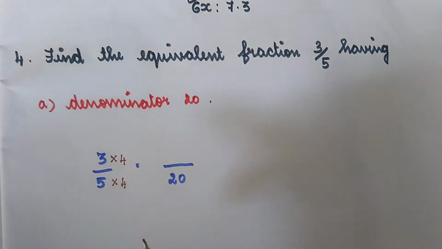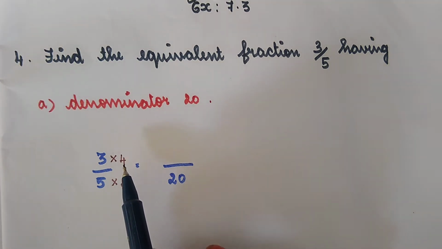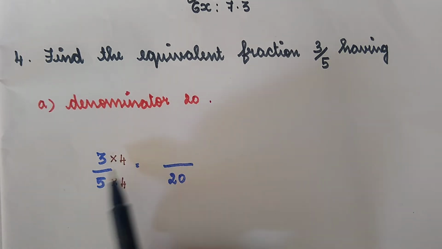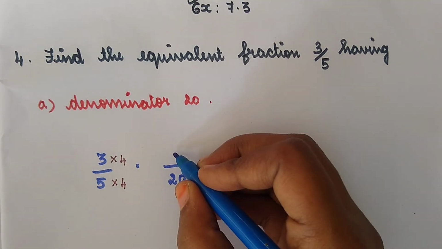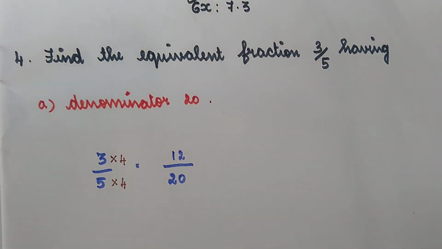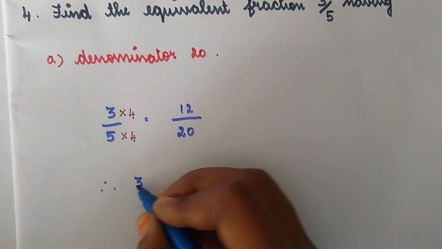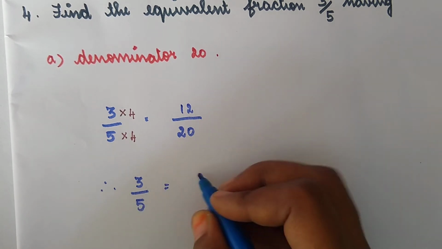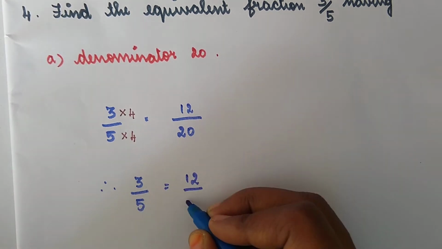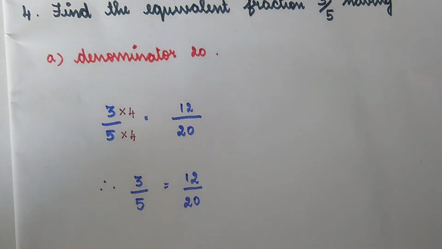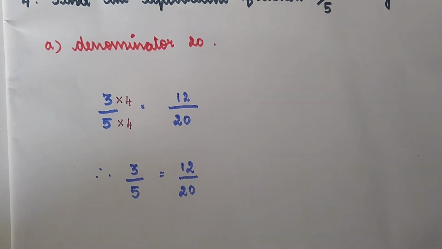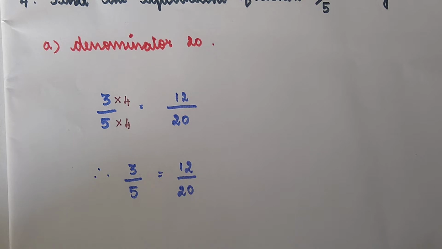Because the denominator is multiplied by 4, the numerator must also be multiplied by 4. So 5 4s are 20, then 3 4s are 12. This is the answer. So therefore 3 by 5 equals 12 by 20. This is called an equivalent fraction.